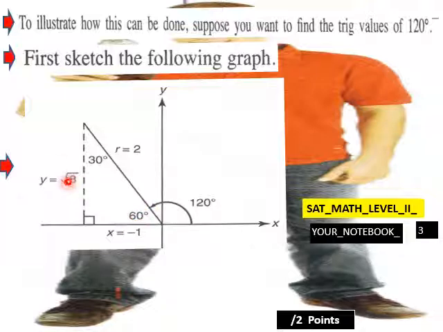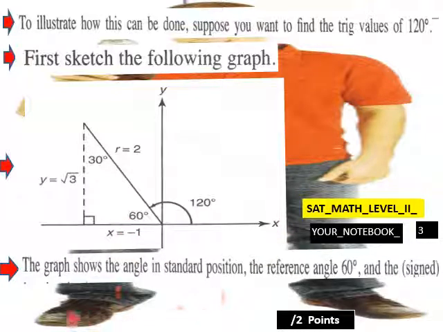The side length opposite your 60 degree angle would be the square root of 3, the hypotenuse is 2, and this angle up here is your 30. Here x equals -1, but the length of the side of the triangle would be 1. The graph shows the angle in standard position. The reference angle will be 60 degrees.